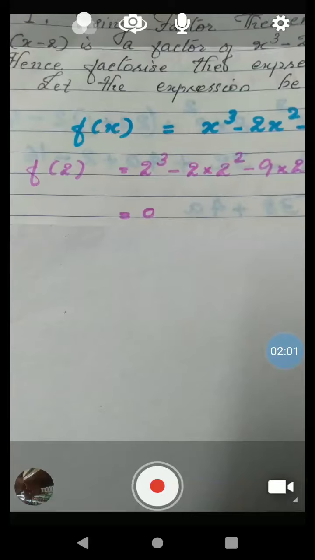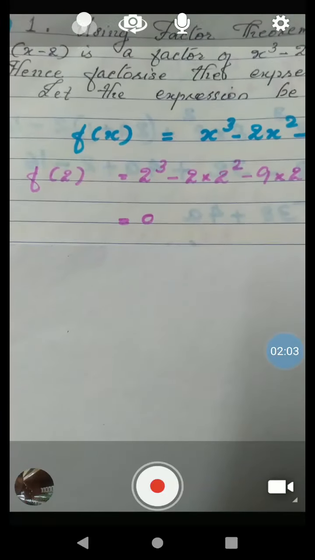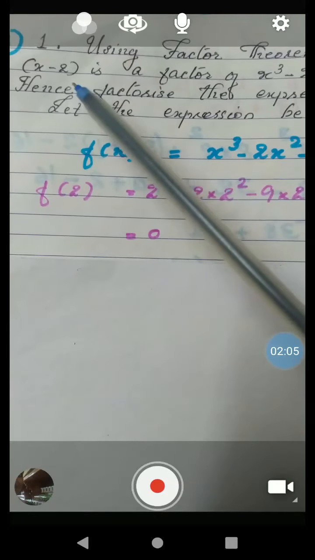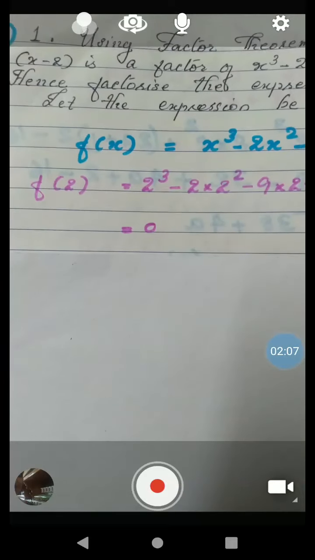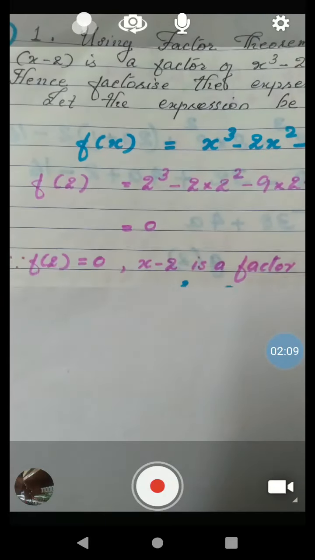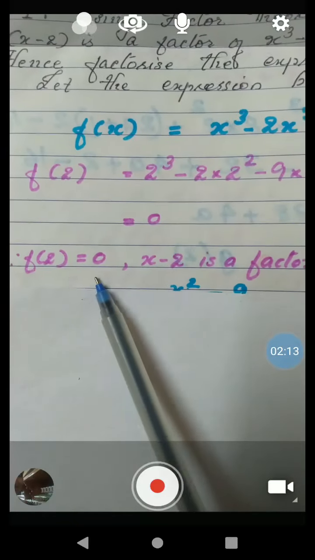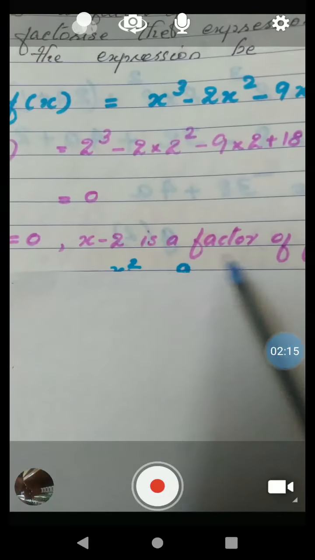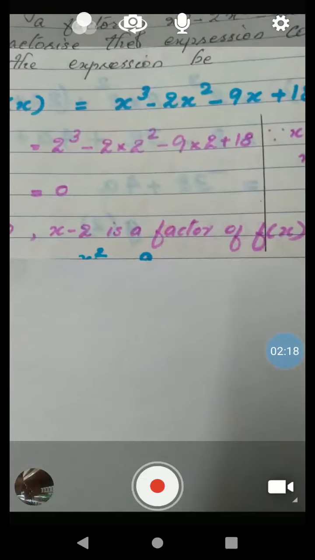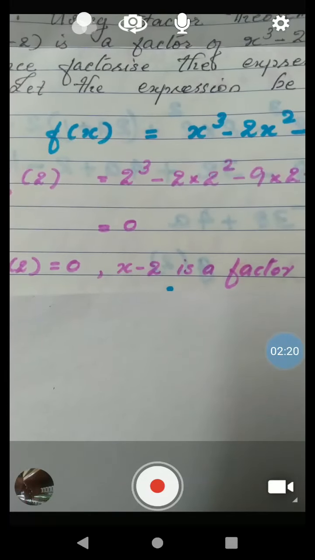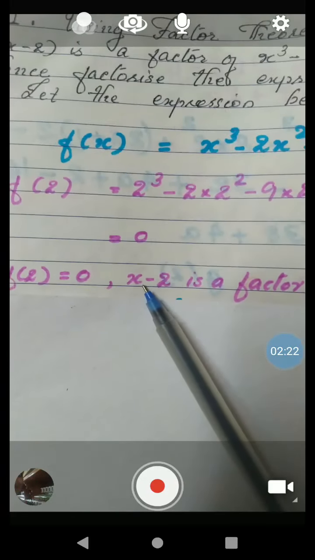If f of 2 is equal to 0, what can we say? x minus 2 is a factor of f(x). That is the factor theorem. So, we can write, since f of 2 is equal to 0, x minus 2 is a factor of f(x). Now, we know one factor, x minus 2.